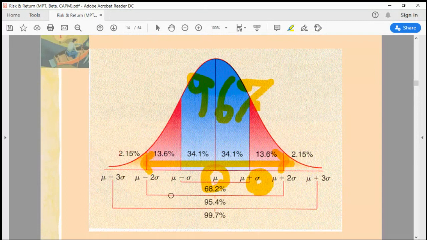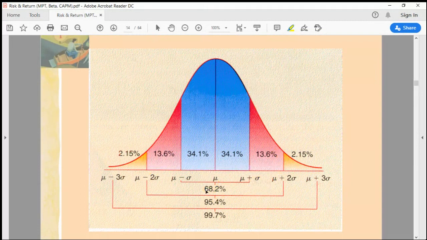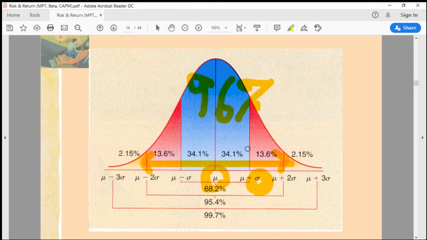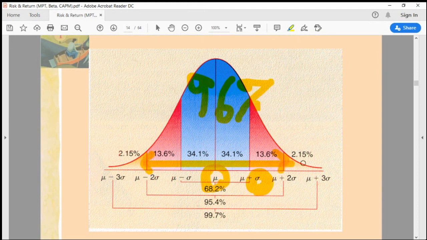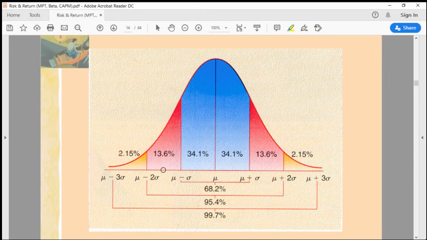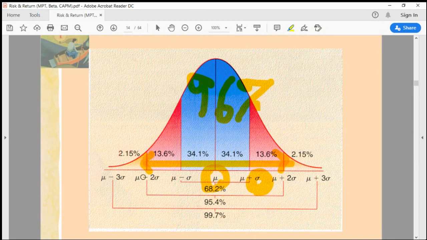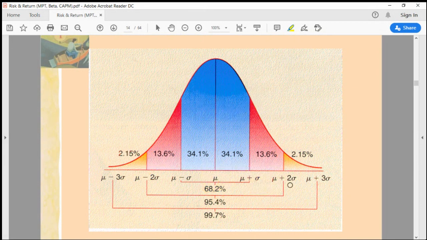So if the probability of falling within two standard deviations around the mean is 96%, then the rest of it will be 4%. Out of that 4%, 2% will fall in the upper tail area, and 2% will fall in the lower tail area.